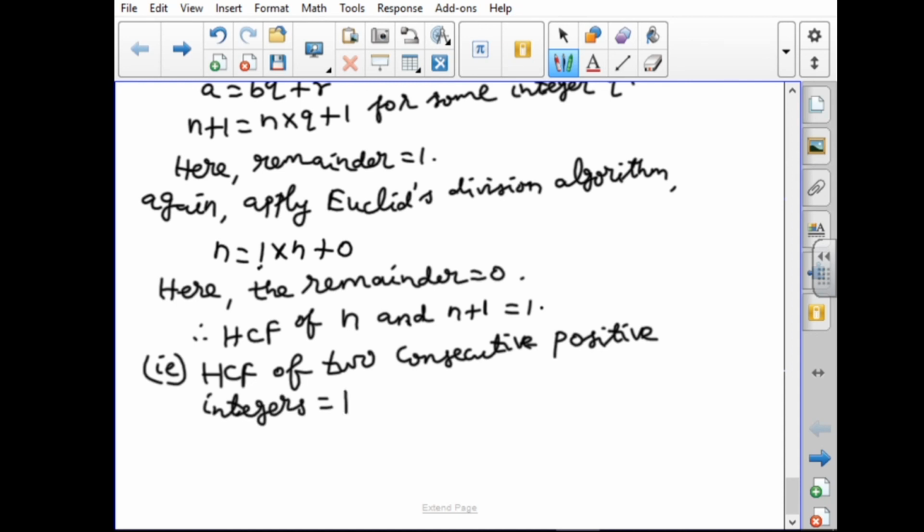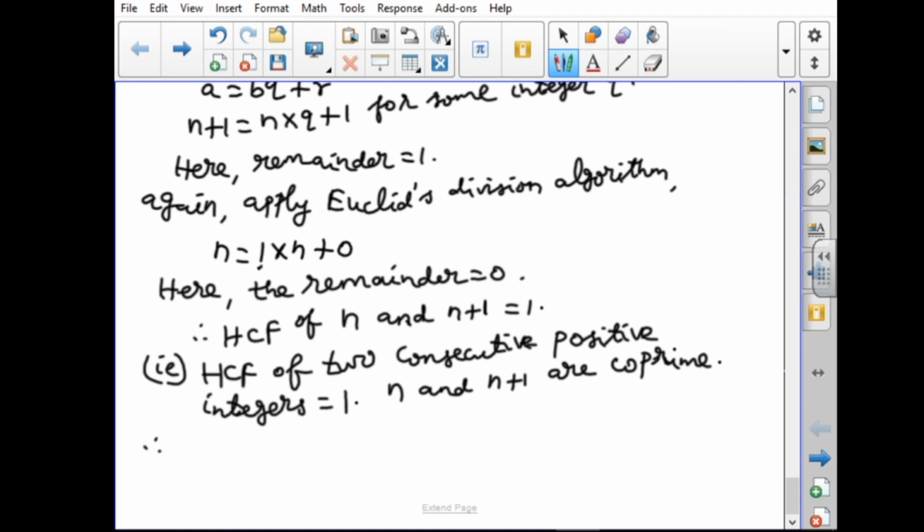So here the HCF of two positive integers equals 1. So n and n + 1 are co-prime numbers.